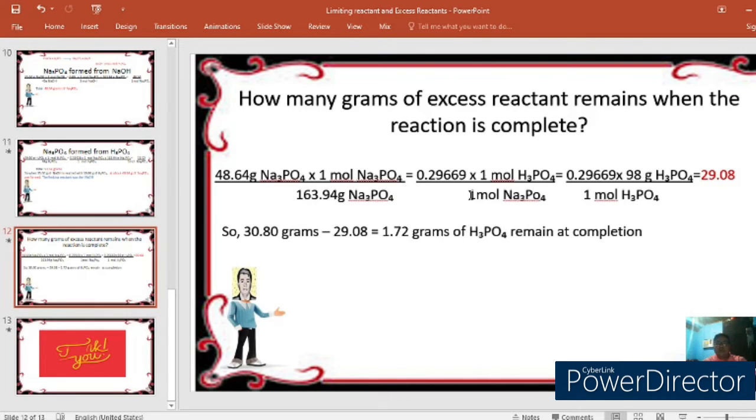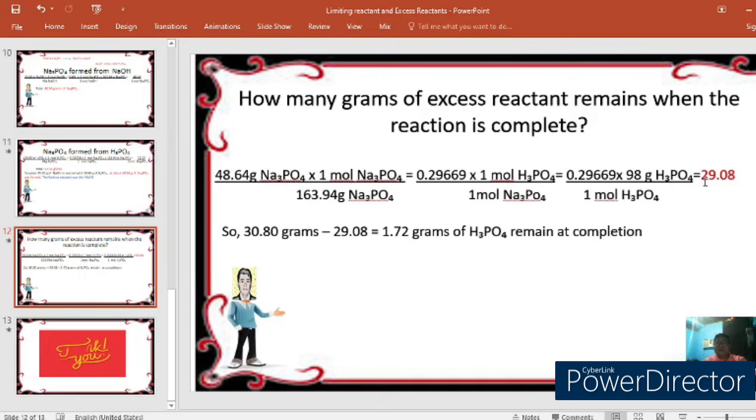Then multiply this by 1 mole of phosphoric acid divided by 1 mole of sodium phosphate, times 98 grams of phosphoric acid to give us 29.08.